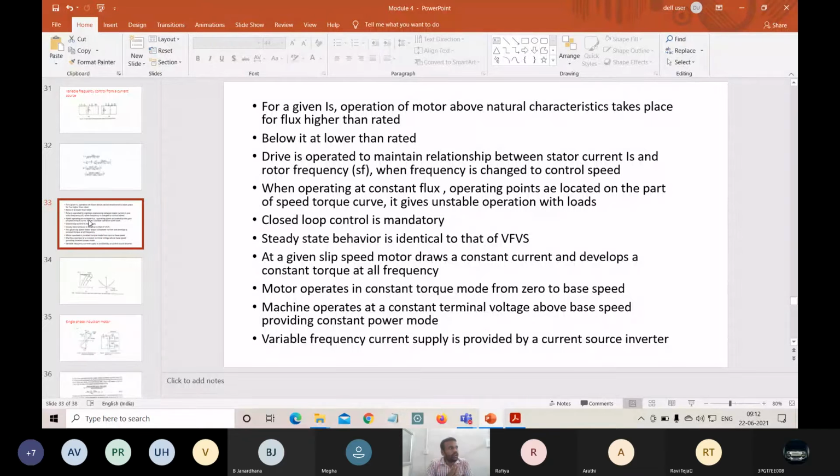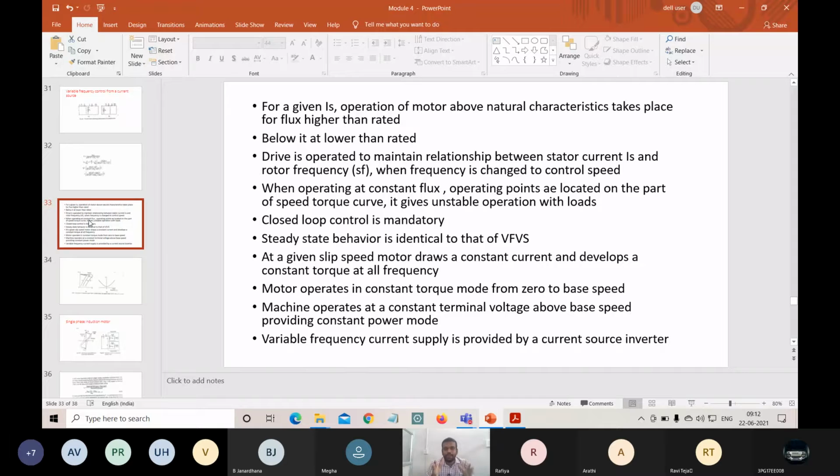Whenever there is an equal and opposite flux collapse, current will be generated by using Faraday's laws. So if you operate a motor at a particular stator current, the natural characteristics of that motor will be given only for flux higher than the rated.